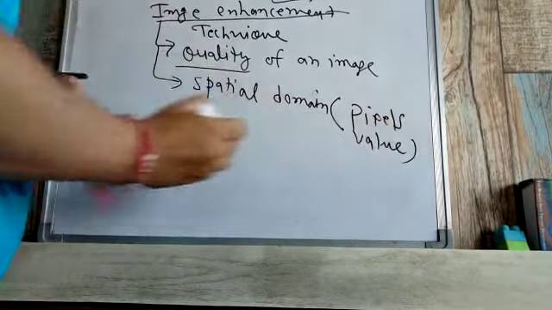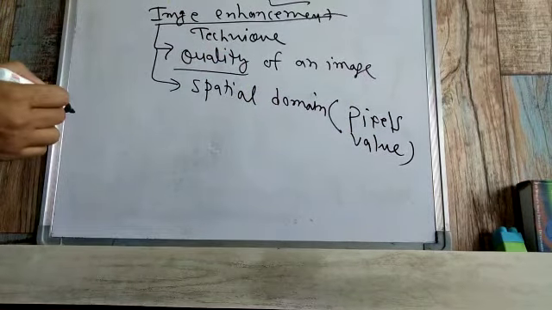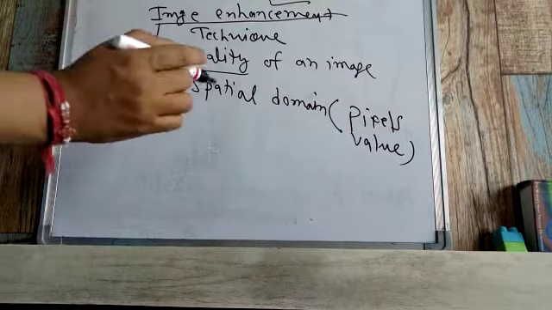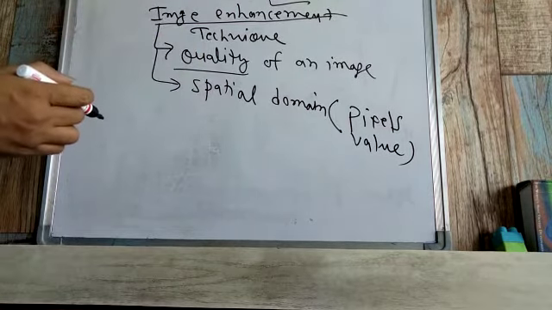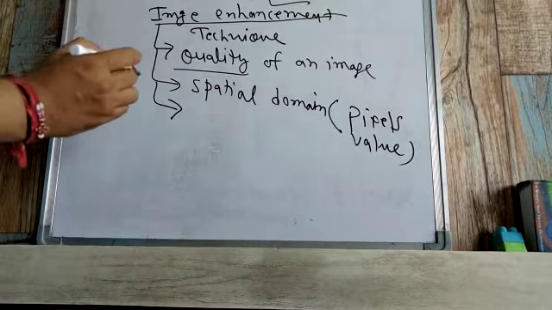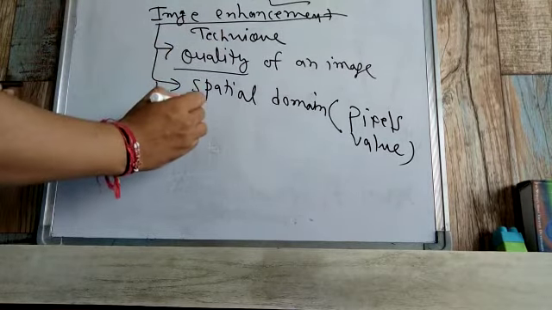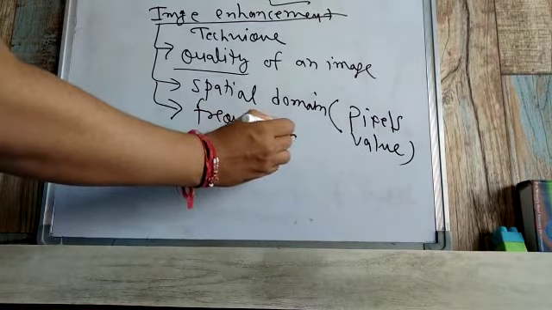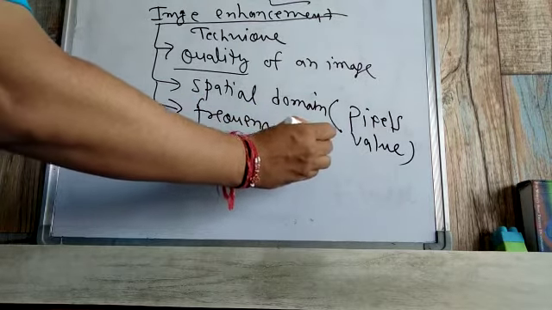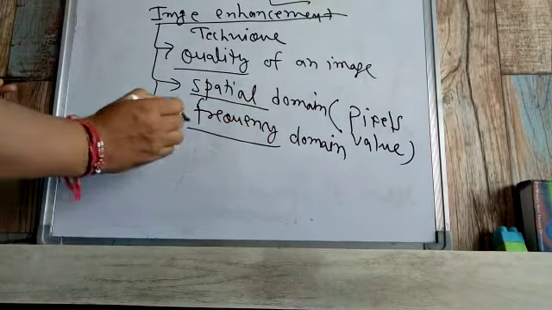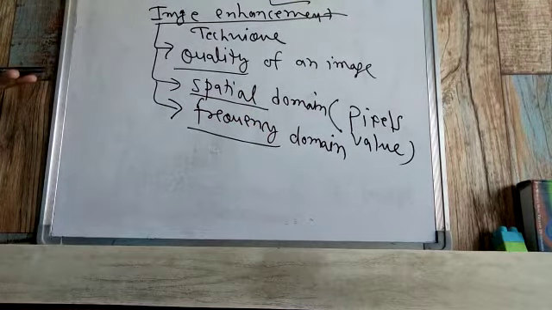What we are doing basically is trying to improve the quality of an image by manipulation of pixel values. And the second important domain where we can work is known as the frequency domain. So an image can be enhanced either by doing operations over the spatial domain or by doing operations in the frequency domain.